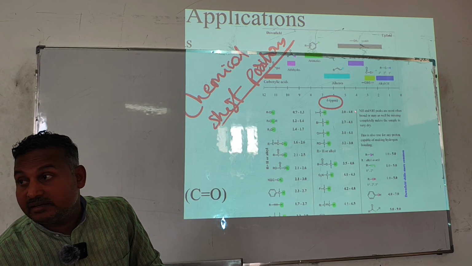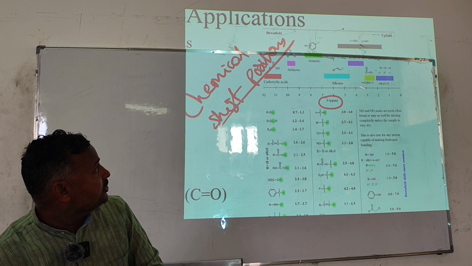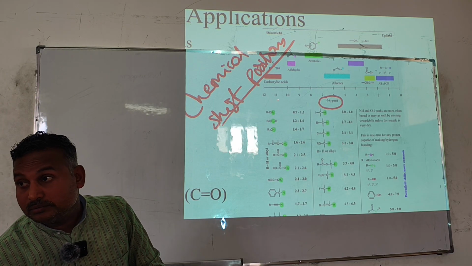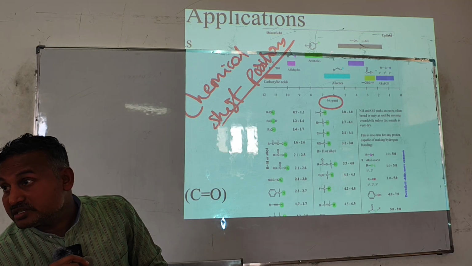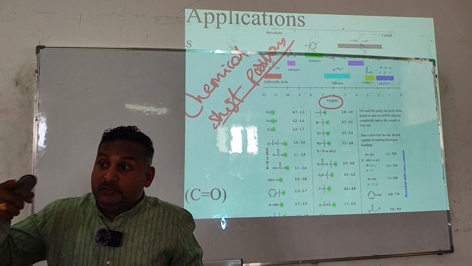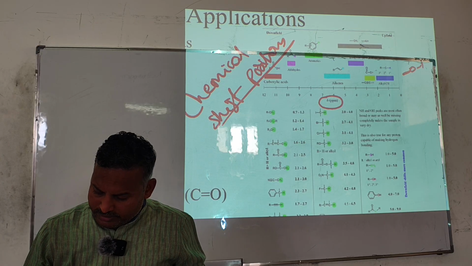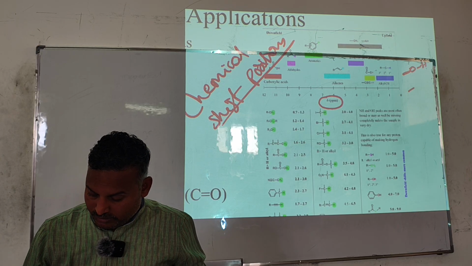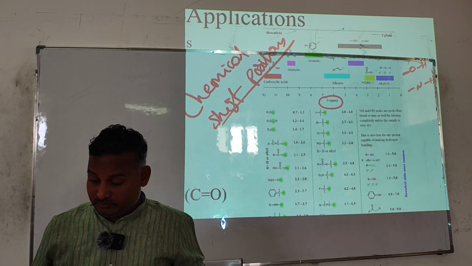It is in ppm, and here you have a scale from 0 up to 12, and there are different protons giving peaks at different positions. For example, we have OH and NH.